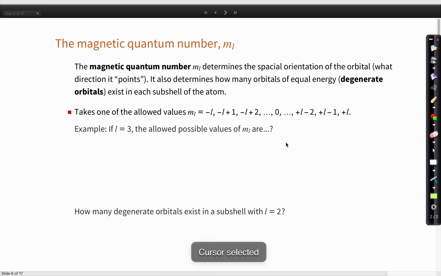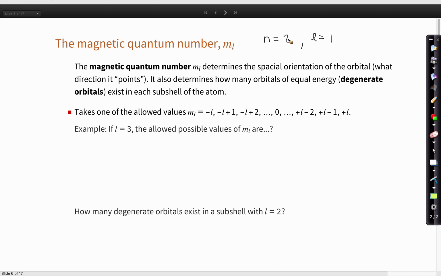It also tells you the total number of degenerate orbitals which exist in a subshell. A subshell is just a particular set that has an n and a particular value for L. So, for instance, if we have n equals 2 and L equals 1, all of the orbitals that have those two numbers we would call a subshell.